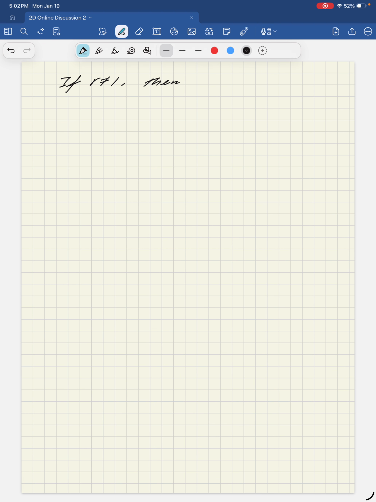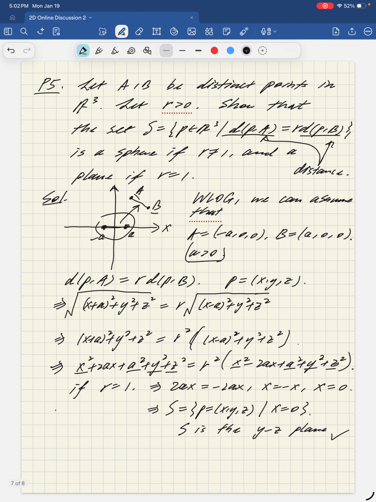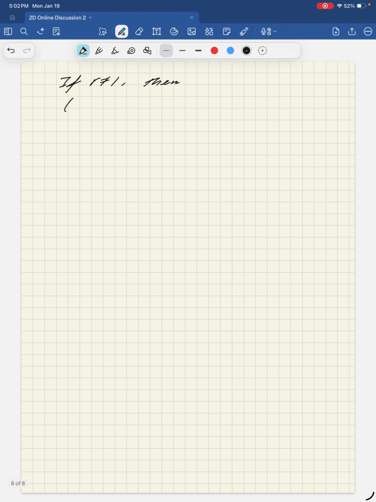Then what we get is, recalling the equation here, we can just expand out the parentheses on the right, and we can group terms to get 1 minus R squared x squared, plus 1 minus R squared y squared, plus 1 minus R squared z squared, plus 2a times 1 plus R squared x, plus a squared times 1 minus R squared, equal to 0.